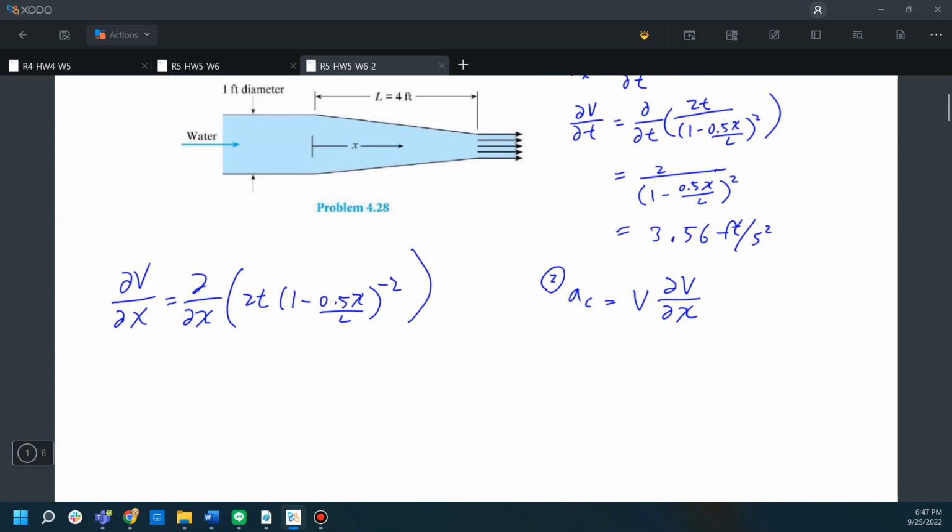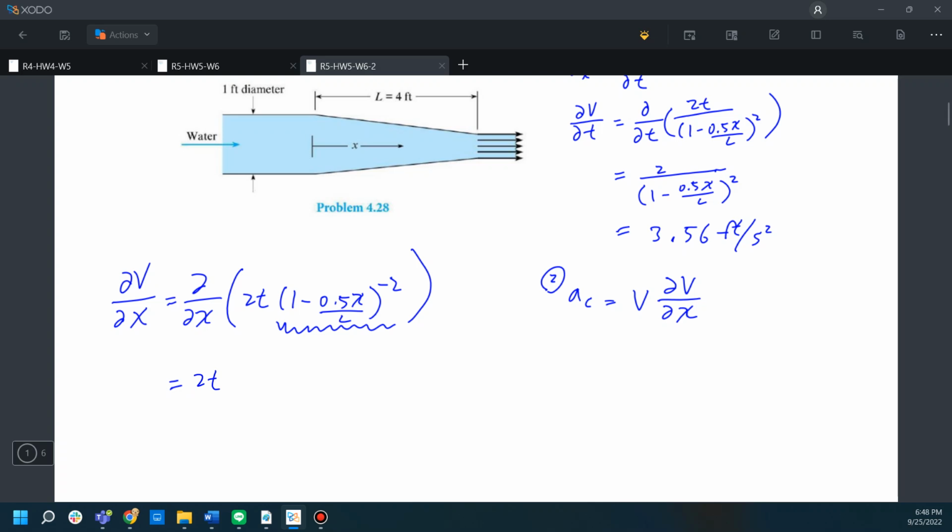Okay, and now we want to apply the chain rule to calculate this derivative. So 2t is a constant; the term that has x involved is actually this part. So we just write this 2t down first, because the partial derivative with respect to x will not affect this 2t.